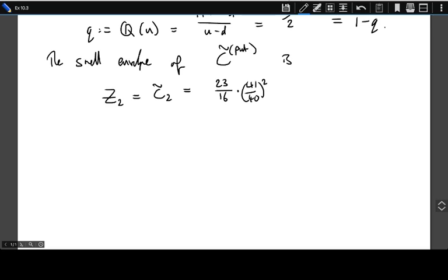I think I've written that wrong in my notes as well. That's dividing by the value of the risk-free asset, not multiplying by it.